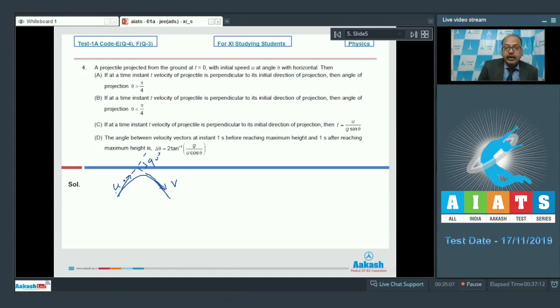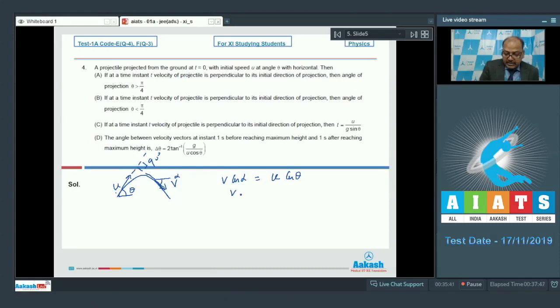So if we equate the horizontal components, what do we get? So here this angle was theta, and let's say here the angle is alpha. So we can see that horizontal component of velocity will be equal, which means v cos alpha equals u cos theta. But since the two velocities are mutually perpendicular, so v cos alpha is same as v sin theta, right?